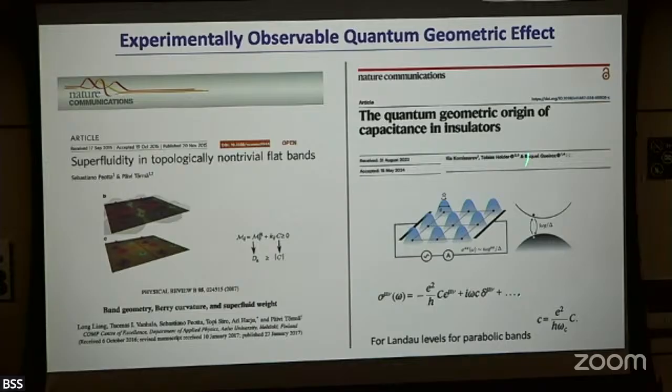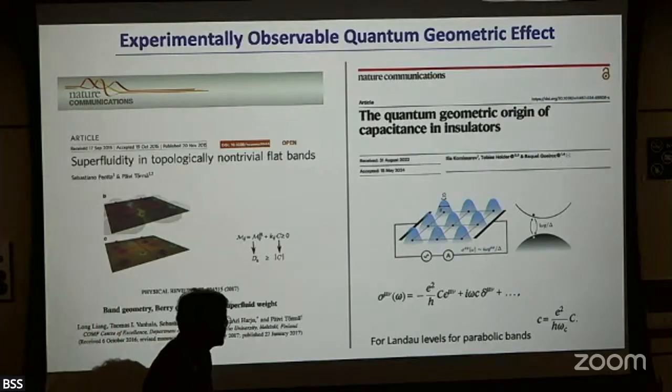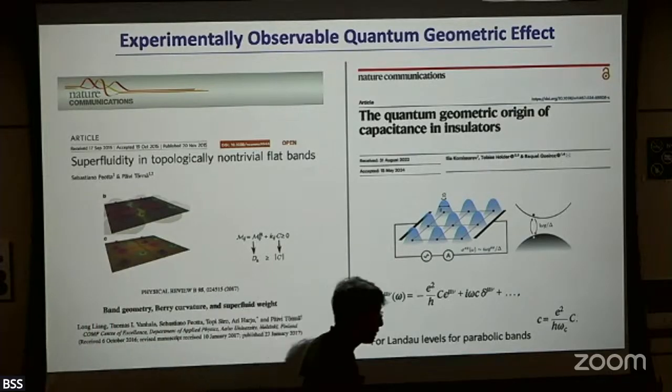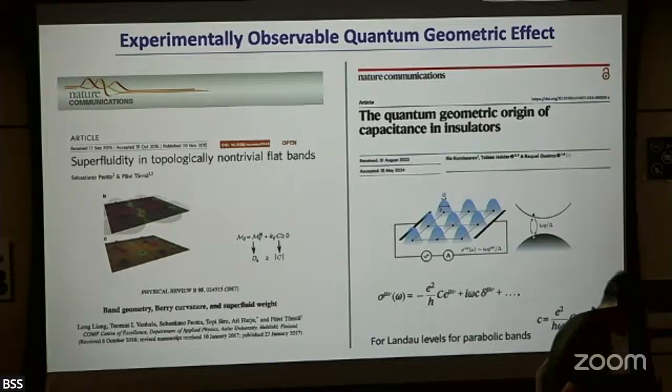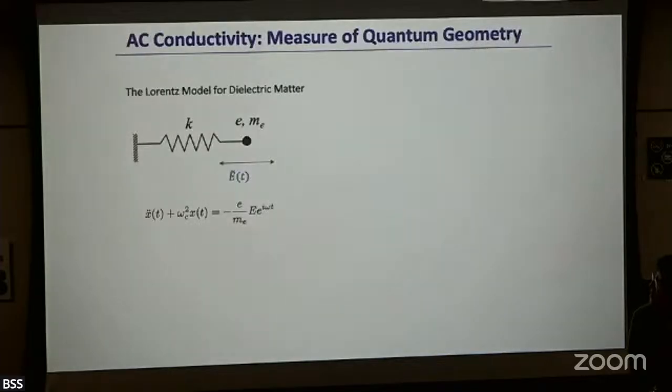And that is something that can be probed experimentally, to see this quantum geometric effect. That's something I want to briefly touch upon as today's lecture goes.